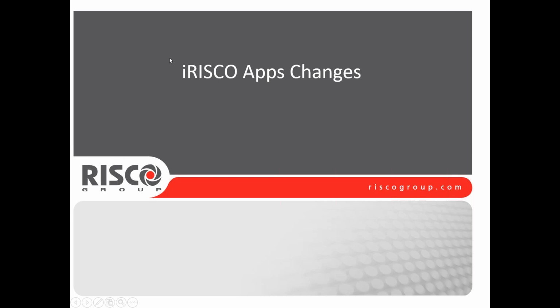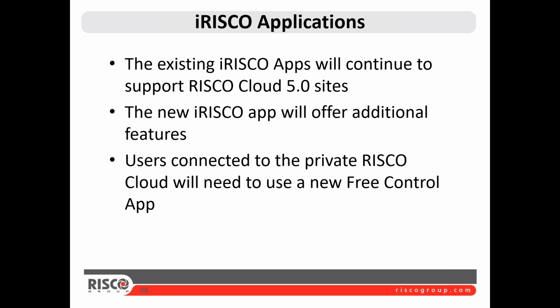Now, we just want to cover some of the changes that will happen with regards to the app. The existing iRisco apps will continue to support the RISCO Cloud 5 sites, but the new iRisco app will offer additional features. Users connected to the private RISCO Cloud will need to use a new free control app.